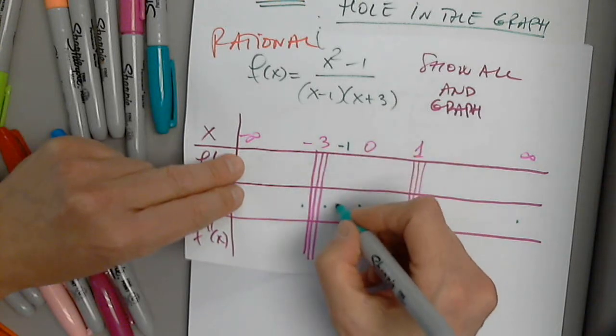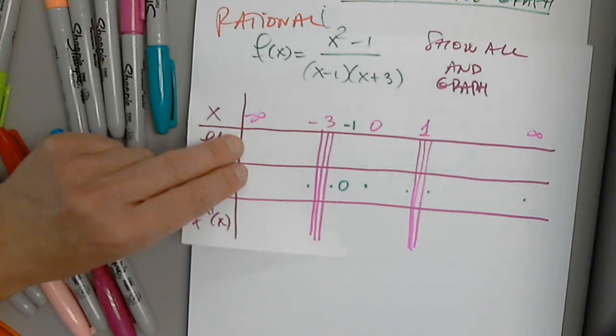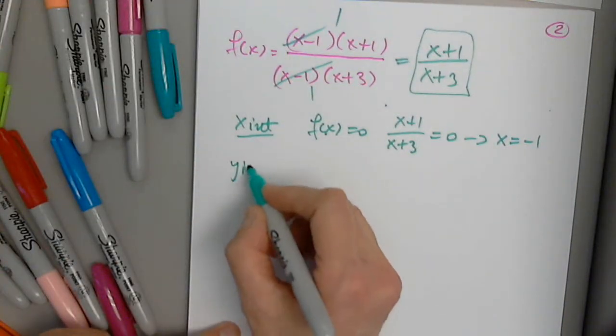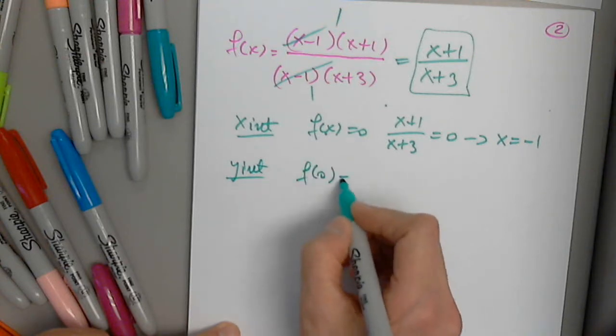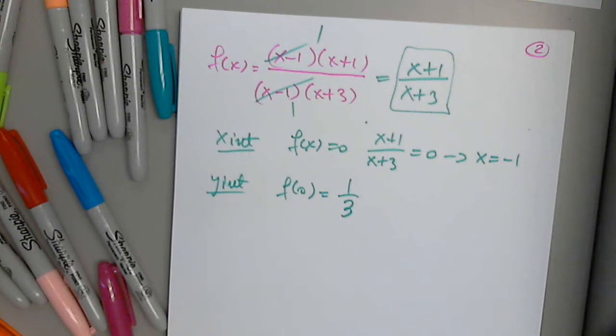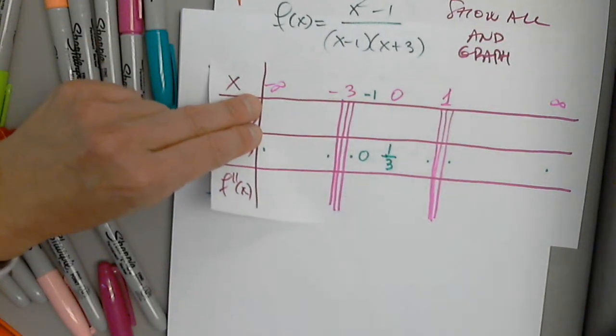I'll insert -1 where it belongs and put 0. And then I will plug in 0. So for the y-intercept, I find f of 0. So this is 1/3. F of 0 is 1/3. And I put it accordingly where it belongs.